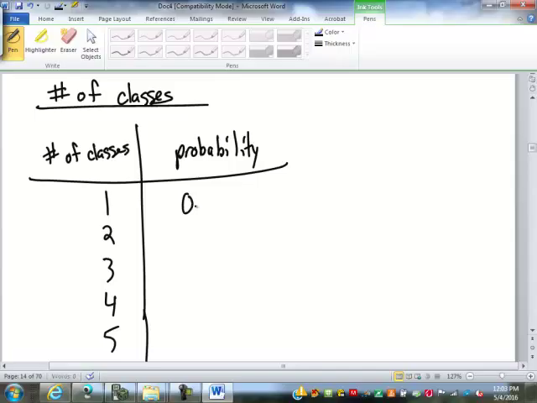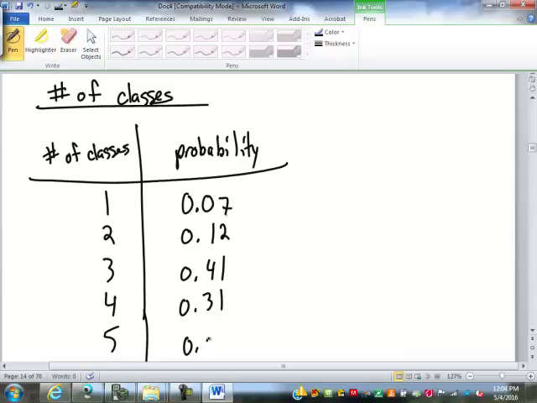So now let's do this. Let's say that the probability of a randomly selected student taking only 1 class is 0.09. 2 classes, 0.12. 3 classes, we're going to go 0.41. 4 classes, 0.31. And 5 classes, oops, this should be 0.09. Let's make this 0.07.